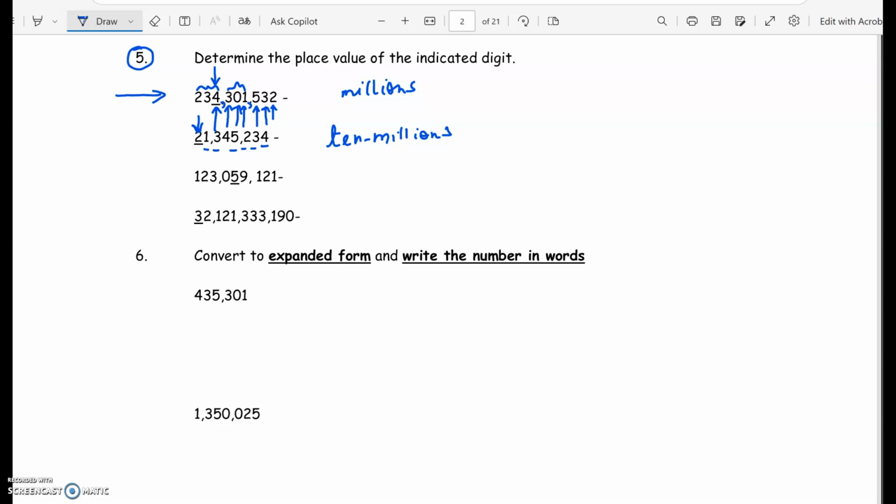Start from the right again. Ones, tens, hundreds, thousands, 10,000s. So this is the thousands period. The one right before the comma is the thousands place, and then the next one is the 10,000s place.